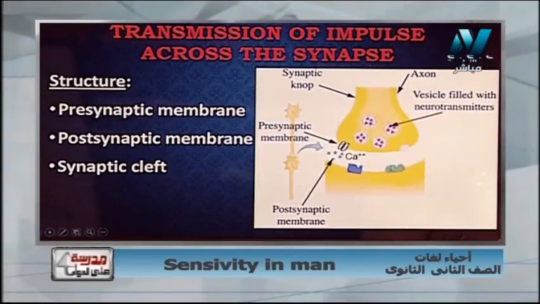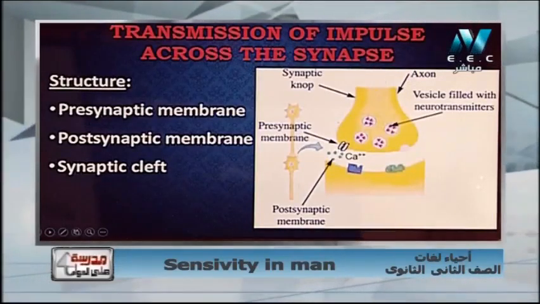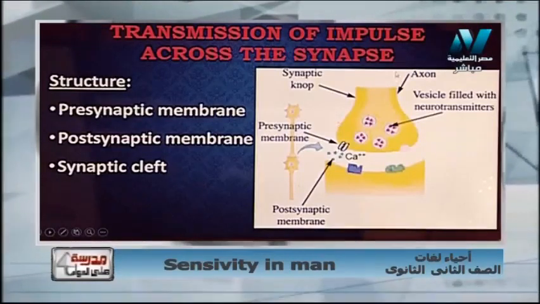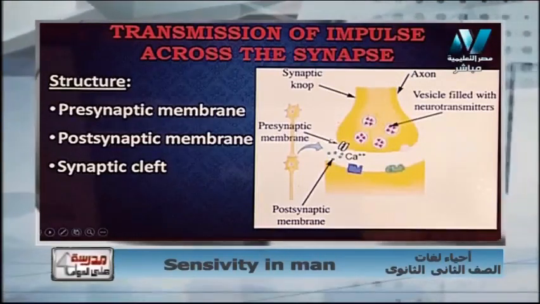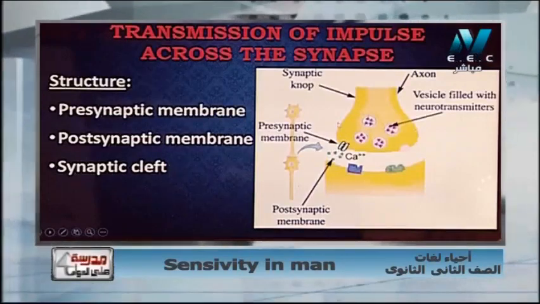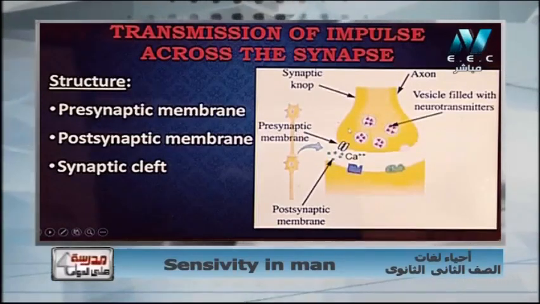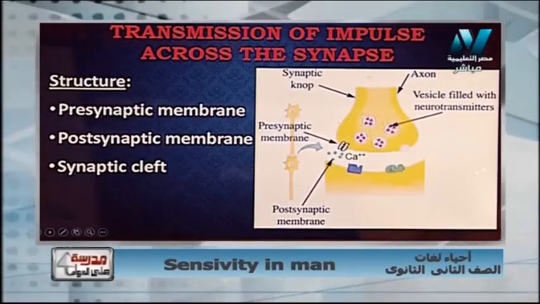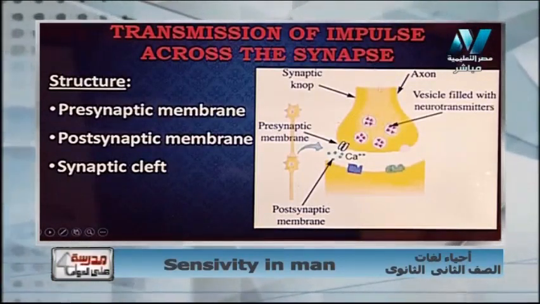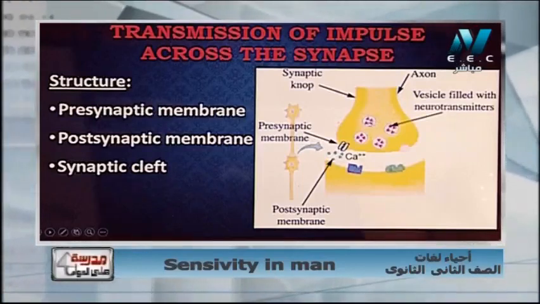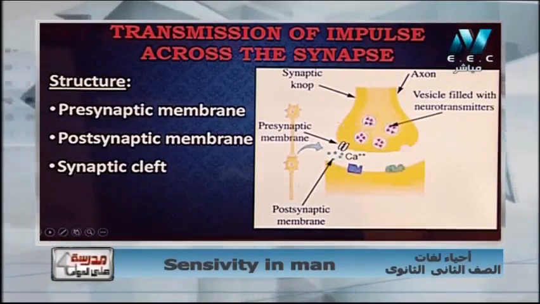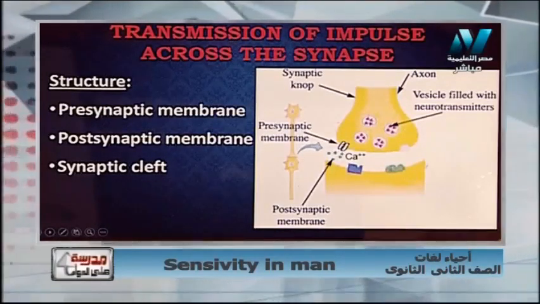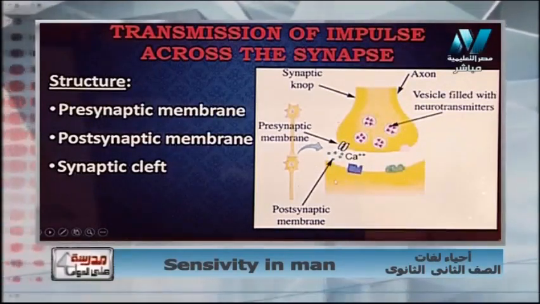In this picture, you can notice that this is the last part or the end part of the axon, which ends by a swollen part called the synaptic node or button. So the transmission of the impulse ends at the synaptic node. And this synaptic node lies very close to the dendrites of the next neuron.